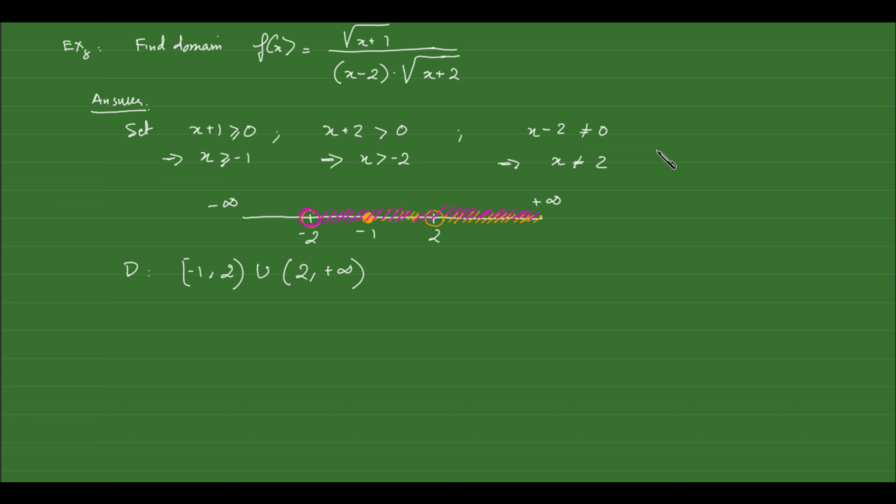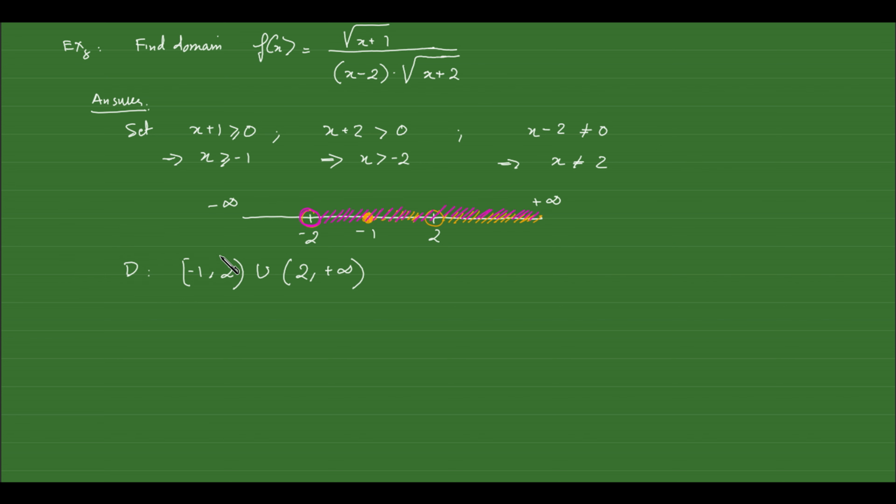I just want to make sure that I got it right. So we want from -1, greater than or equal to -1. If it's less than -1, for example -1.5, then you see that doesn't work on the top.